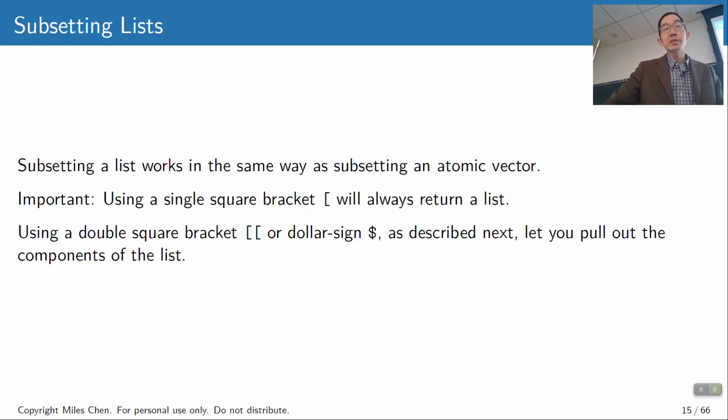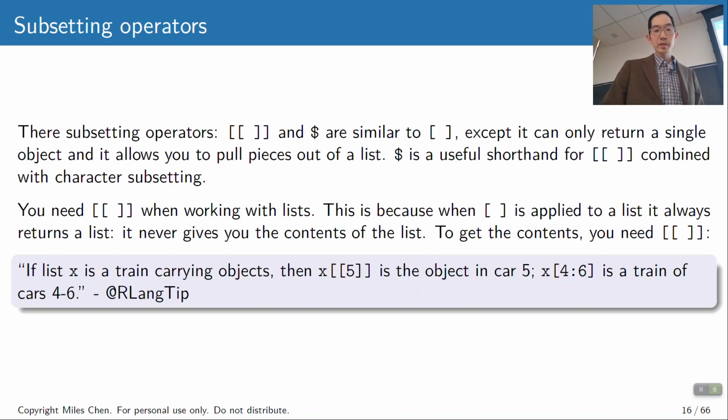One uses the single square bracket and another uses the double square bracket. When you subset a list using a single square bracket, it will always return a list. If you subset a list using a double square bracket, it will pull out components in the list.